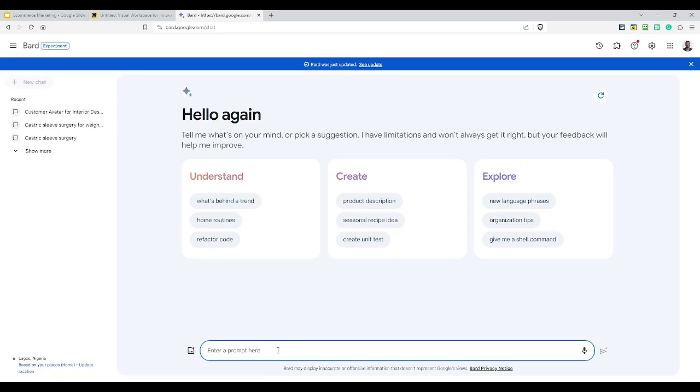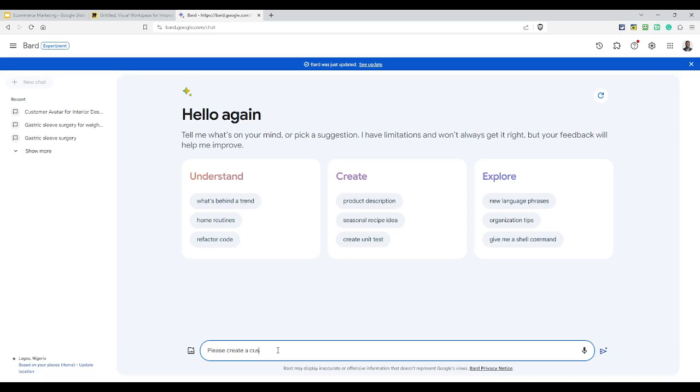So let's say you sell, I don't want to use interior design because I've used that before, for an e-com business, let's pick children's clothing. Personally, I still think you should definitely talk to your customers and get all those details. But a very fast way to jumpstart your progress, please remember bard.google.com.